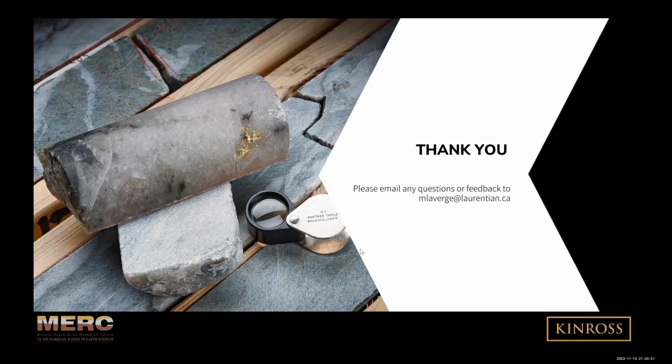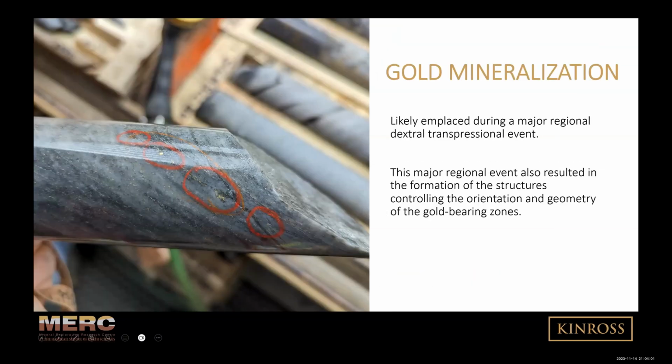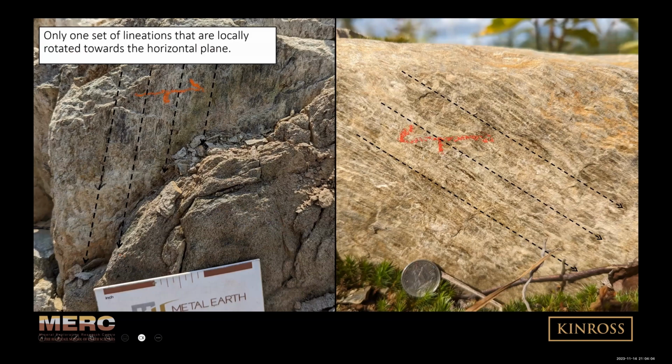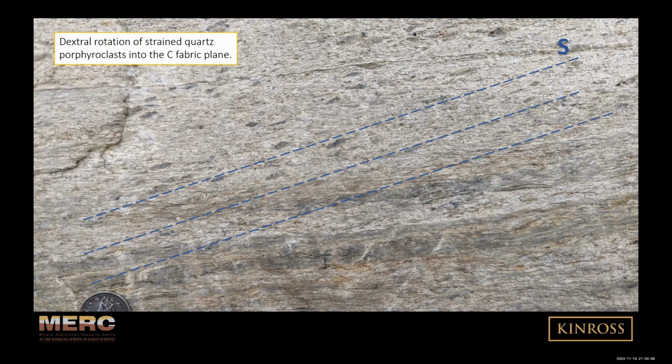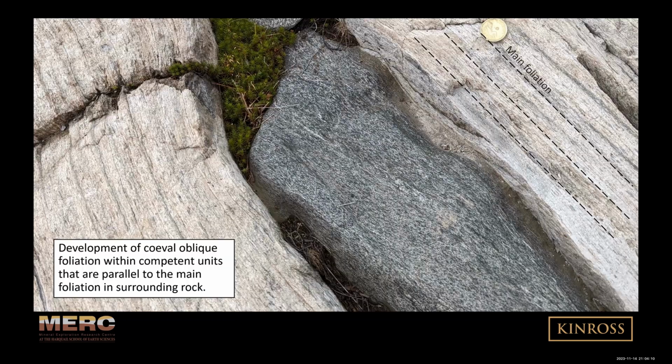I have a question about a train of small scale folds that was on a slide just before the synoptic lineation diagram. I'll bring it back up. It was a train of asymmetrical folds, about centimeter scale to decimeter scale.